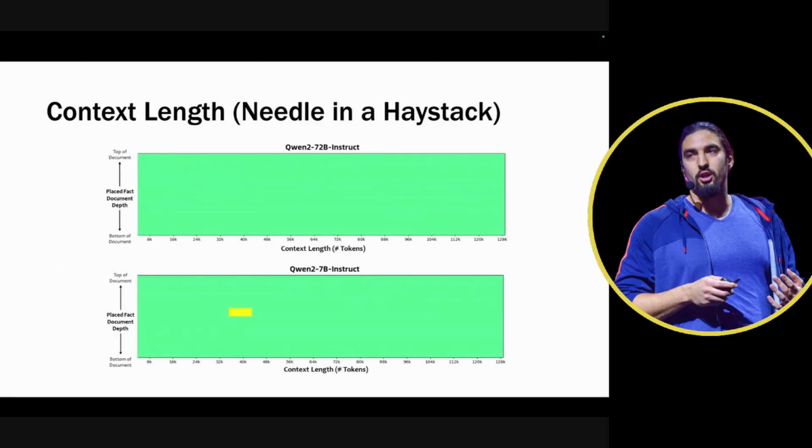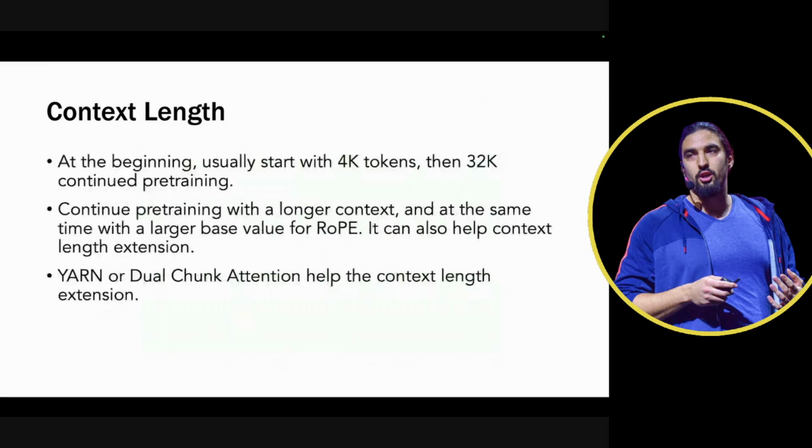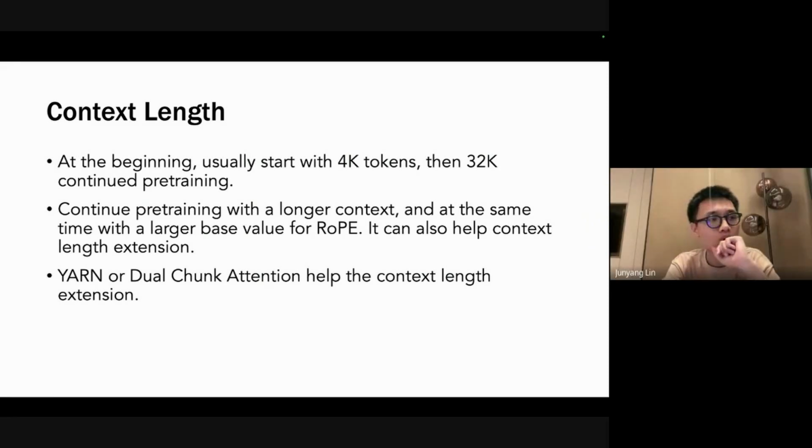How many tokens do you use for the 32,000 continued pre-training? What is the ratio between the 4K and 32K? For 4K, it is almost most of the data, and for 32K, I do not really remember the number.